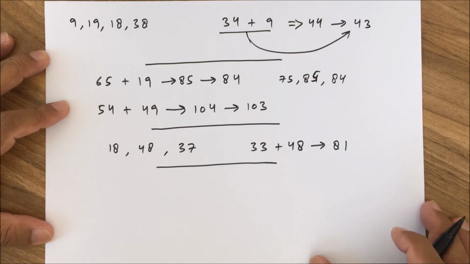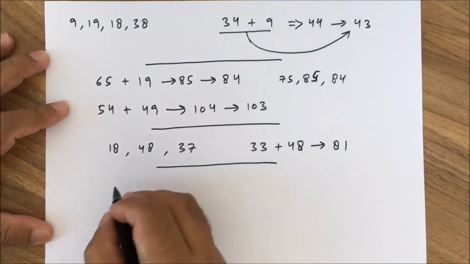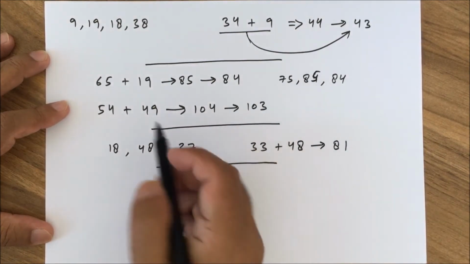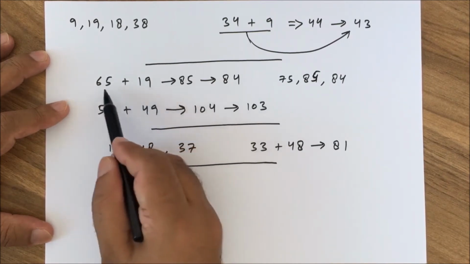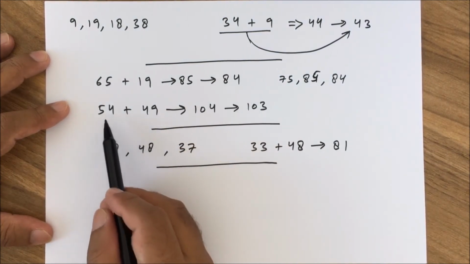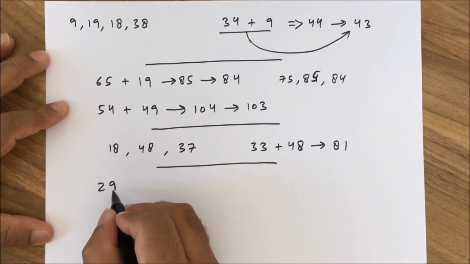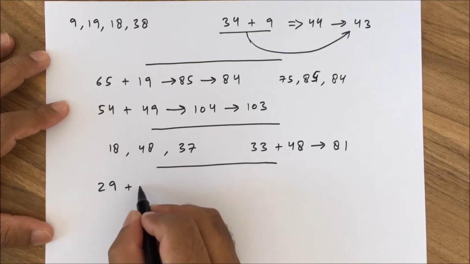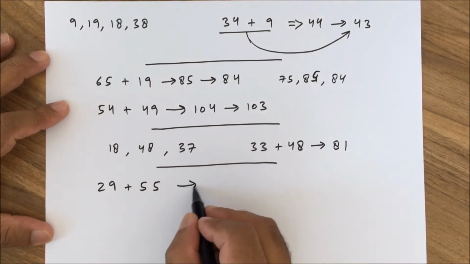I don't say that the numbers that end in 9 or 8 come often after the other number. I did 65 plus 19, so 19 was after 65, and 49 was after 54. It's not necessarily the case every time. Let's say we do 29 plus 55, it's the same thing.